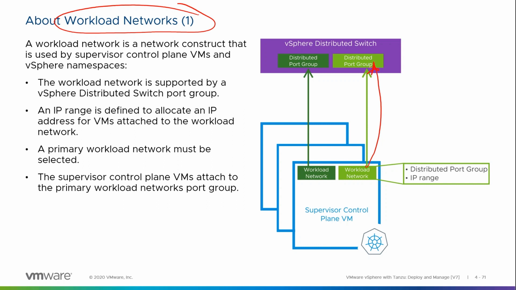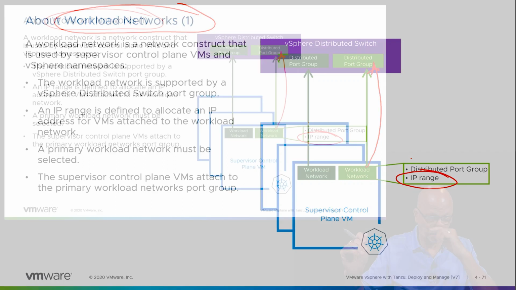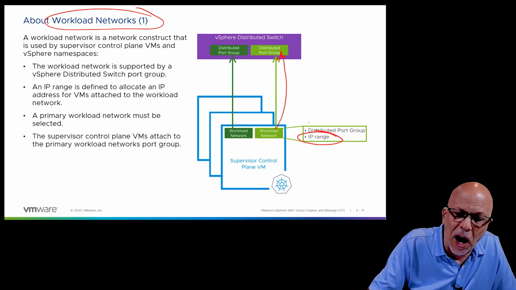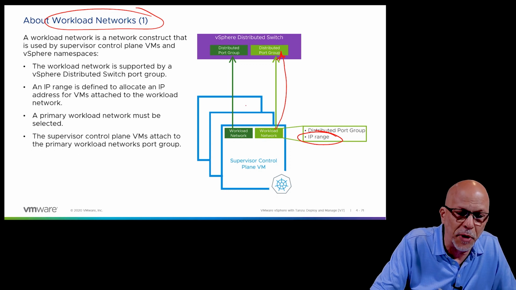And this mapping is being done via the definition of a workload network. That workload network is going to define an IP range that we're going to be using across that layer 2 segment. So you can go ahead and define numerous workload networks.